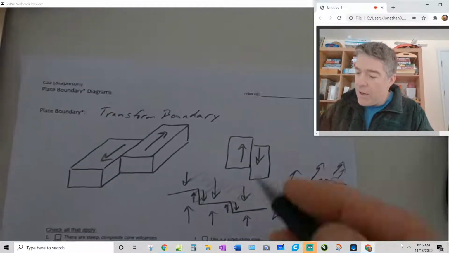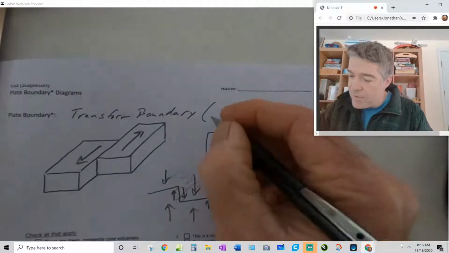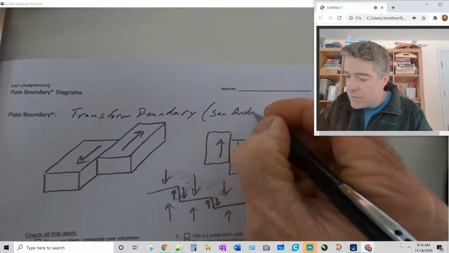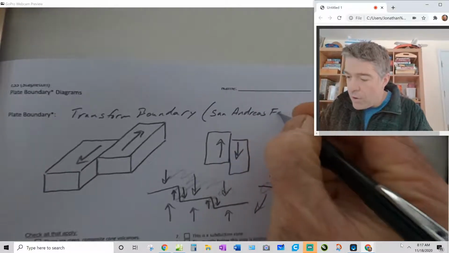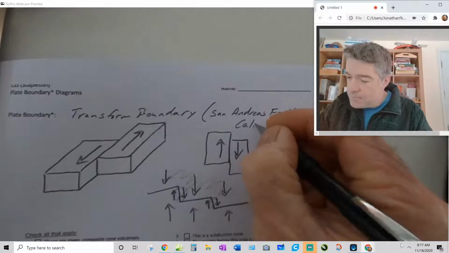Transform boundary, let's make a little note. The best example of this is the San Andreas Fault in California.